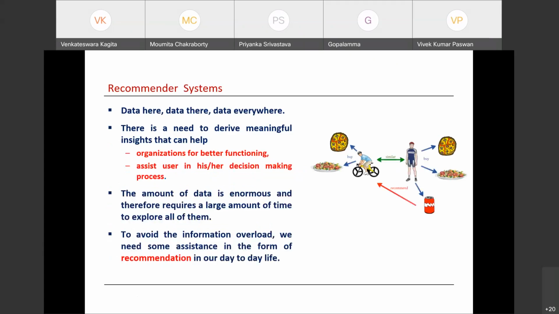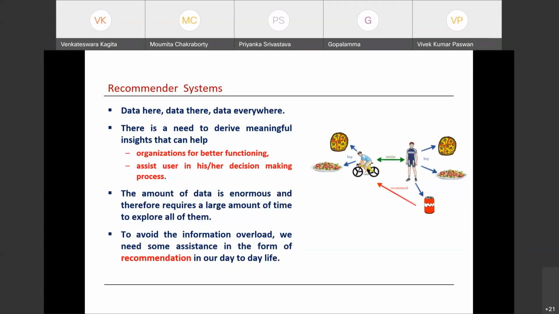Right. So recommender systems, as I've told you, data is everywhere, and there is a need to derive some meaningful insights out of this data. Why do we need to derive meaningful insights out of this data? For organizations, for better functioning, right?